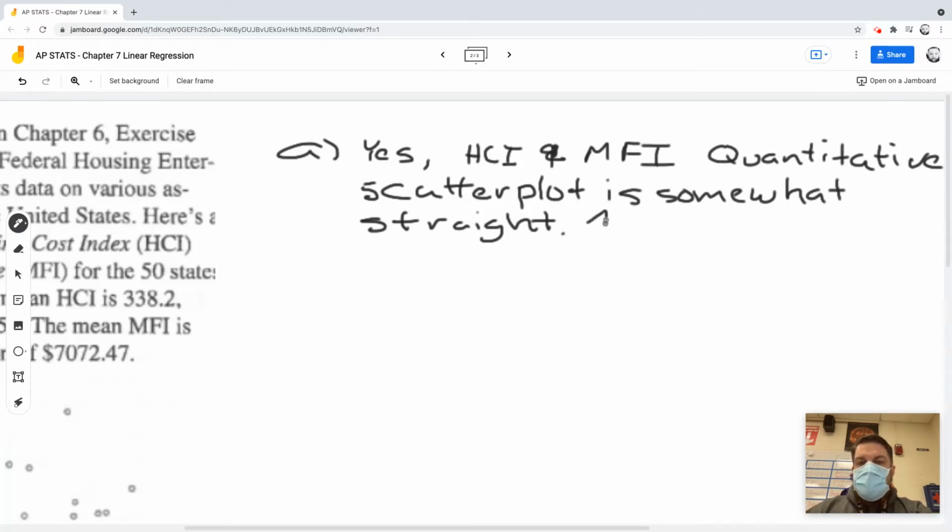I should probably note there are a few outliers as the median family income increases.